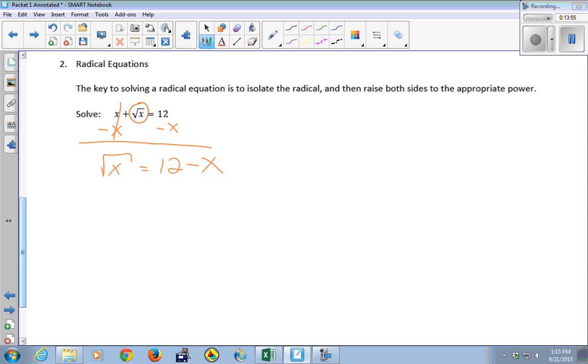Then, how do you undo having a square root? You square. Right, so now that the radical is isolated, you square both sides. So radical x squared is just x, and 12 minus x squared is 12 minus x times 12 minus x.